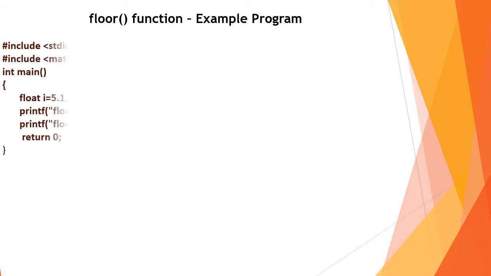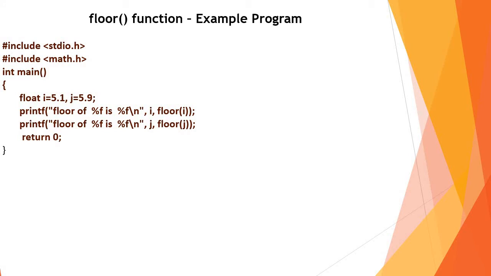A simple program which depicts the floor function. Inside the main function, I have declared two variables i and j. i is 5.1, j is 5.9. I print "floor of %f is %f", that is, I would like to print the floor value of the given variable i, and printf again floor of j.